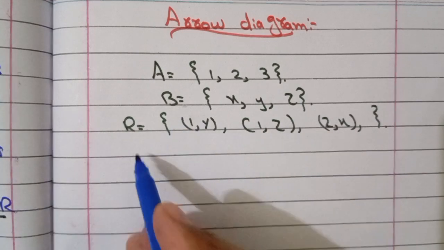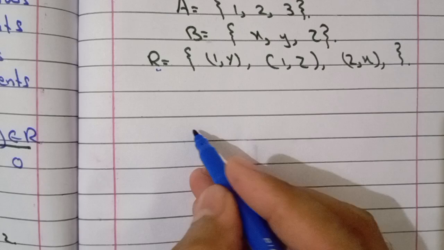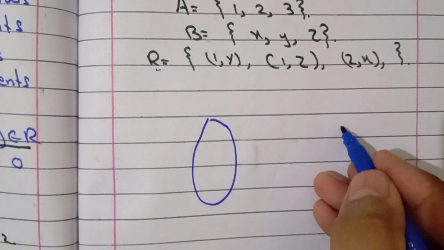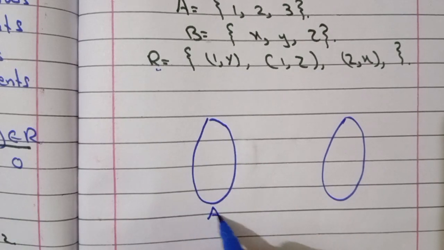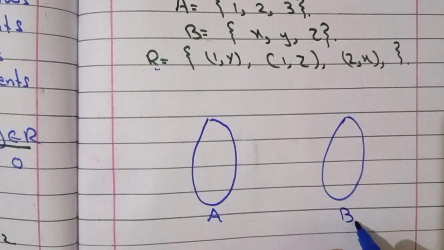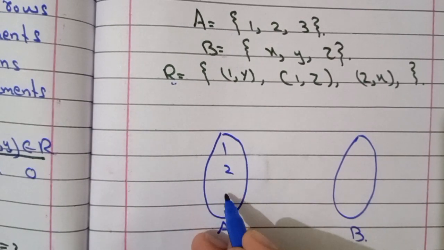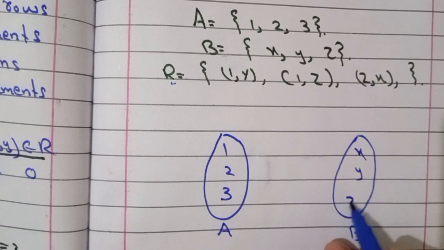Now we will represent the relation R between two sets by an arrow diagram. So we consider two discs or two circles. In the first disc, we represent the elements of set A and the elements of set B in the second disc. So elements of A are 1, 2 and 3 and elements of B are x, y and z.